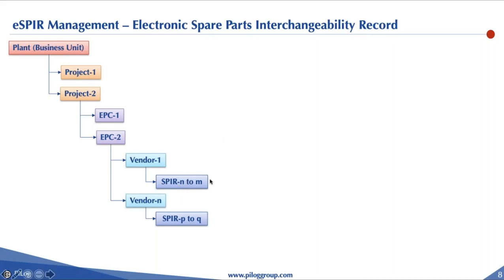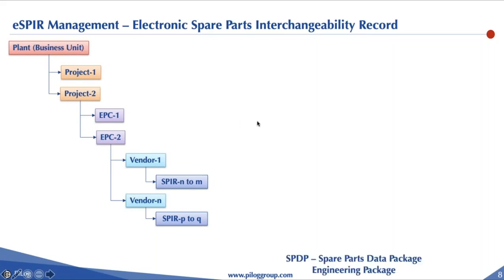So SPIR is at a vendor level or at an OEM level, or a manufacturer level. So you could have hundreds of SPIRs, and each SPIR could have maybe 10 or 20 equipments and 10 to maybe thousands of spare parts, depending upon that particular package, depending upon that equipment's necessity. Okay, so that's the structure.